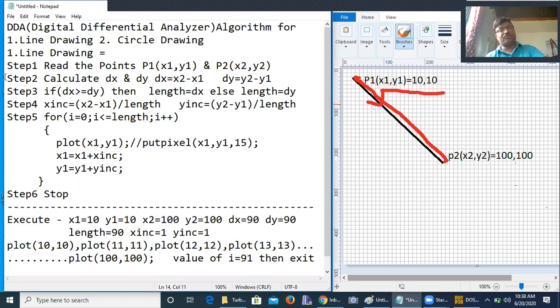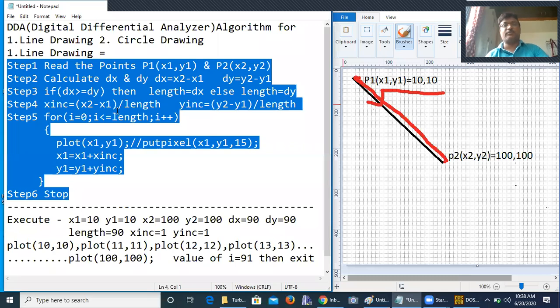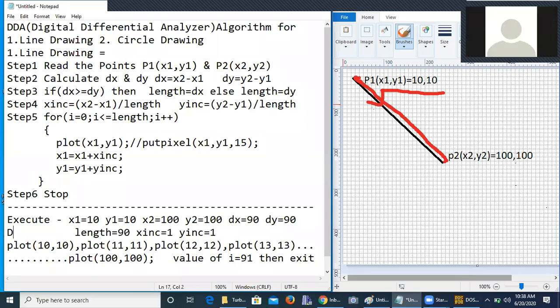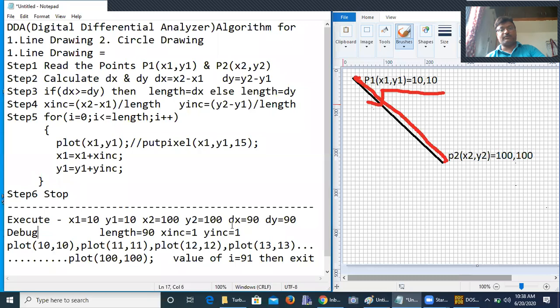Suppose the question comes to write the algorithm, at that time you have to write down these 6 steps. Now how are you going to execute or debug the program? Suppose I am writing a debug here. Read x1, y1, x2, y2 as 10, 10 and 100, 100.